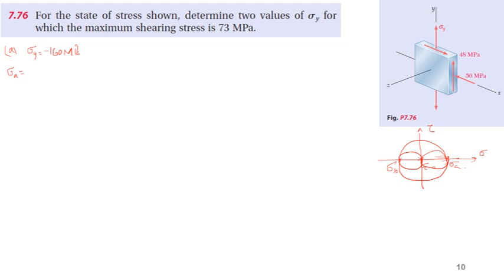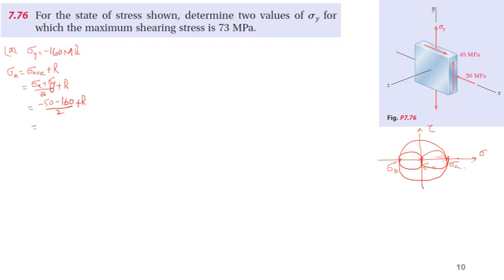So sigma A is sigma average plus radius. We don't have to calculate the radius because we already know that it is 73 megapascal. So we have sigma x plus sigma y divided by 2, plus radius. Sigma x is minus 50, sigma y we calculated as minus 160, divided by 2, plus radius.